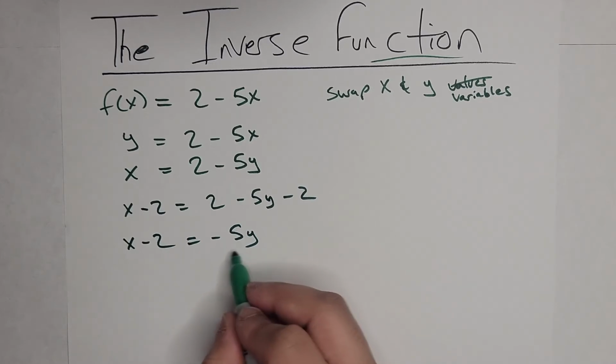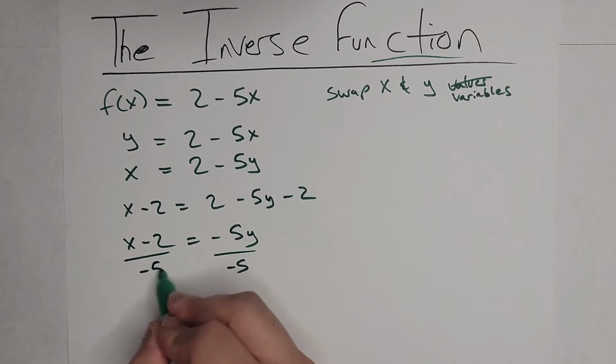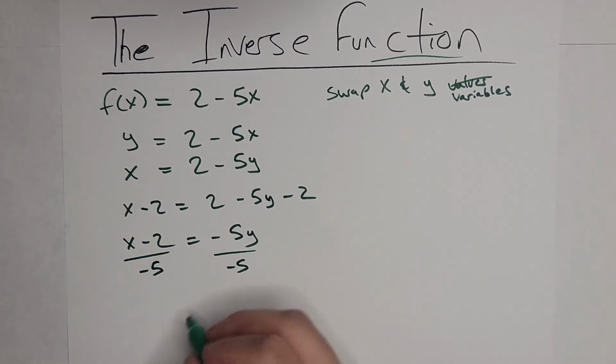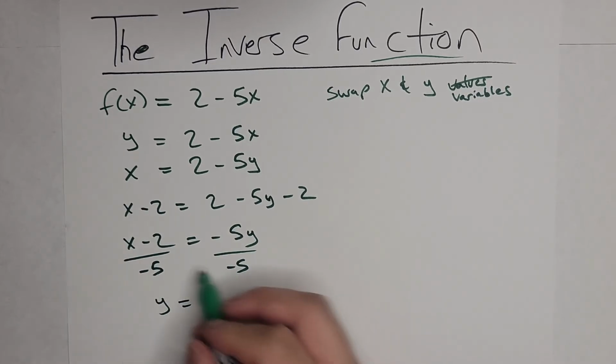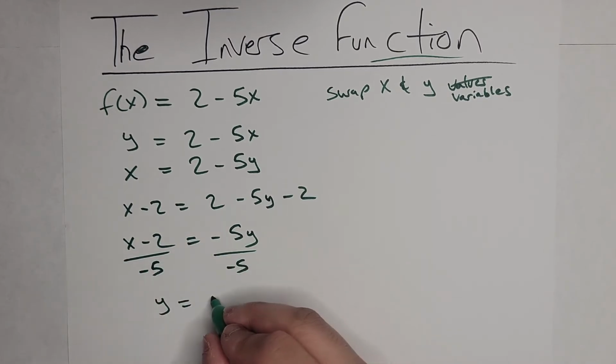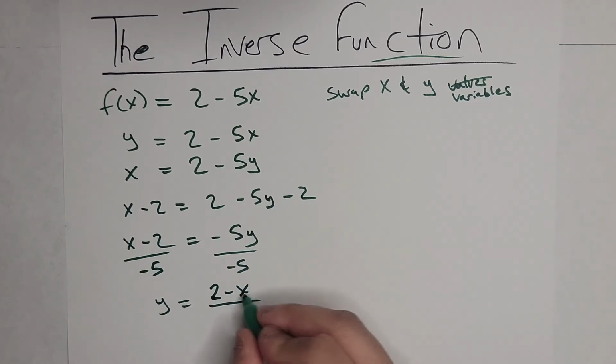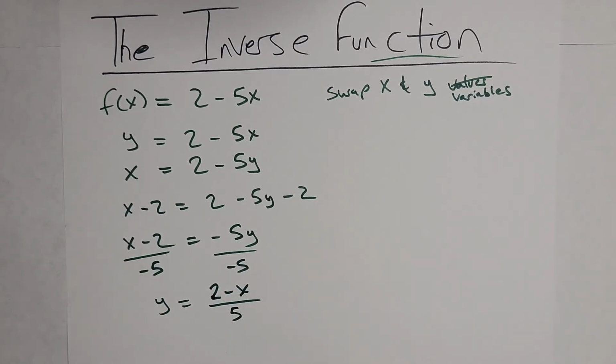So I have negative 5 being multiplied on this side, so I'll divide both sides by that. So now I'm left with y is equal to this, which if you apply the negative, it should be (2 minus x) over 5. And this is your inverse function.